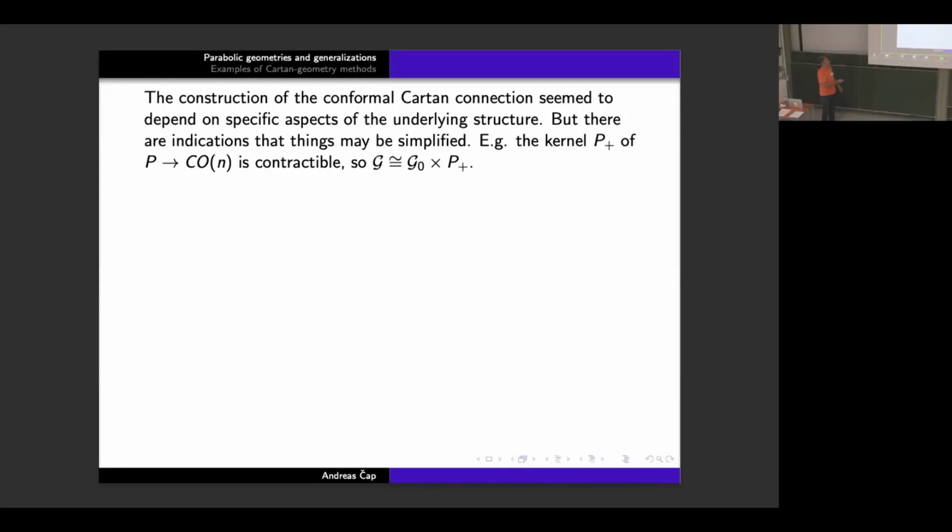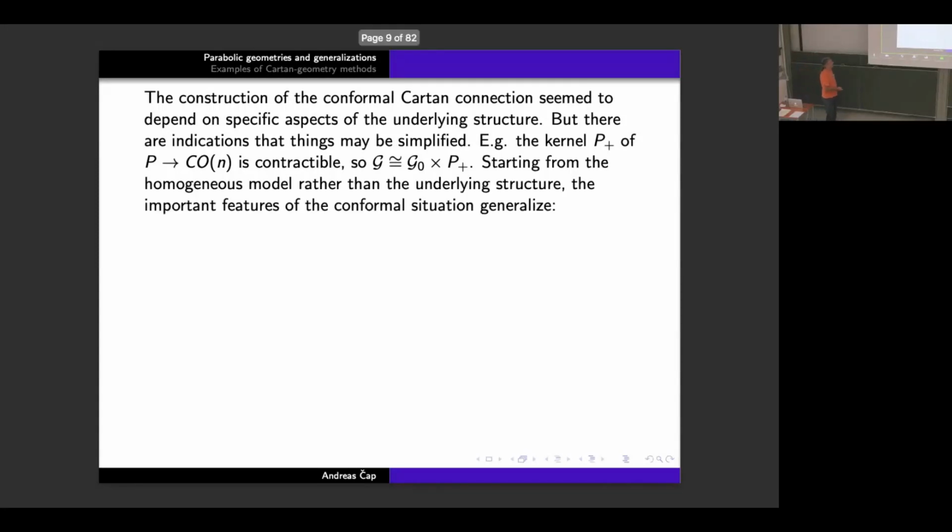Okay, and this is the basic spirit that we will follow here, and we will replace these geometric constructions by more brute force constructions using algebraic input, if you want to put it like that. And second point, I already mentioned that also. If you're trying to generalize from the conformal case, then you should start by generalizing the homogeneous model and not the geometric structure.